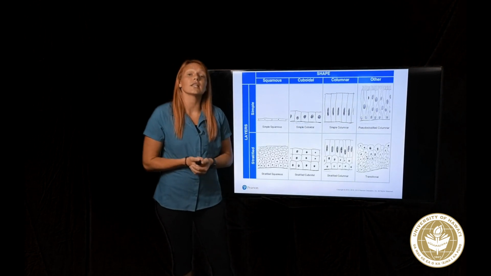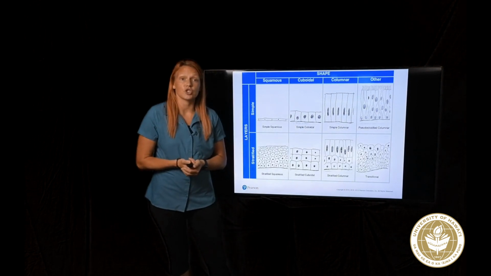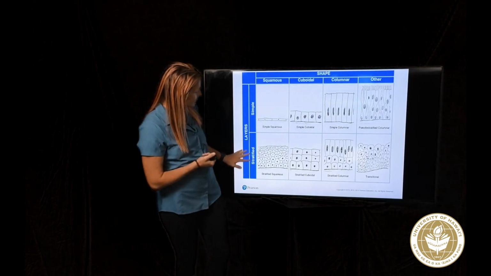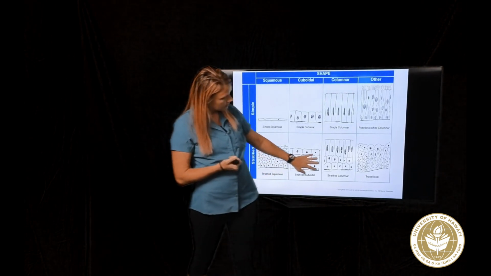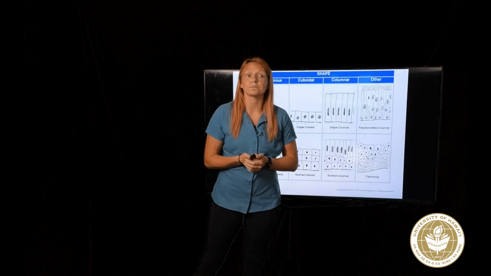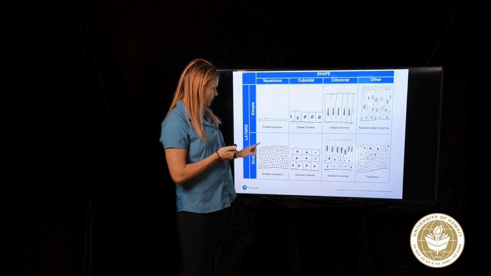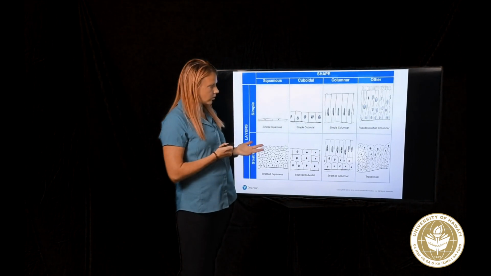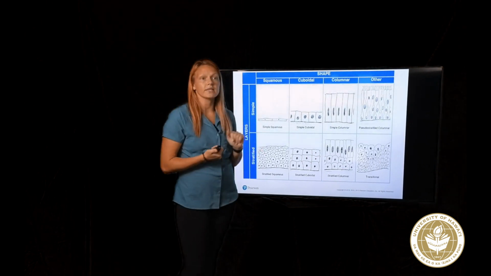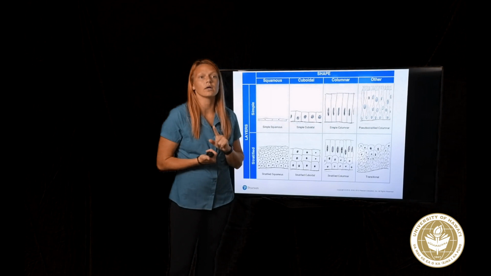We also are going to classify our epithelial tissue based on the number of layers. So you can see the layers here. In terms of a simple layer, that means that you just have one layer.